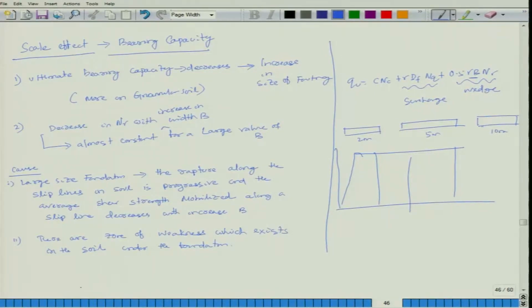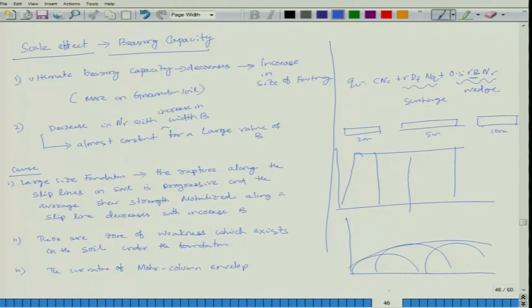The curvature of Mohr-Coulomb envelope, another part is the curvature of the Mohr-Coulomb envelope. If I take a Mohr circle, the failure envelope should be a curve.